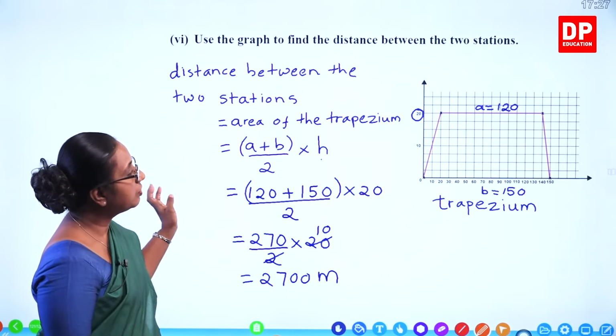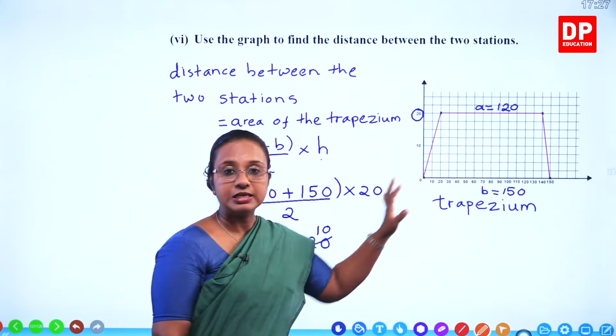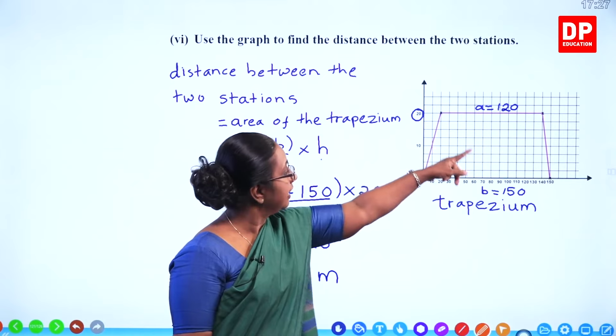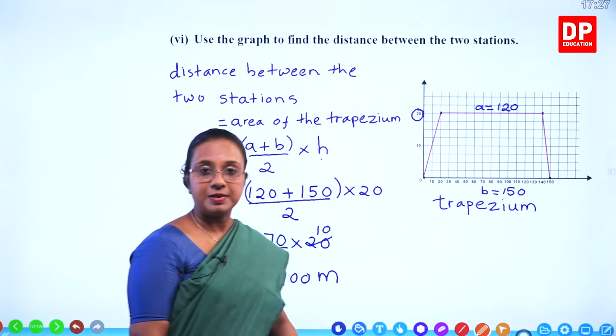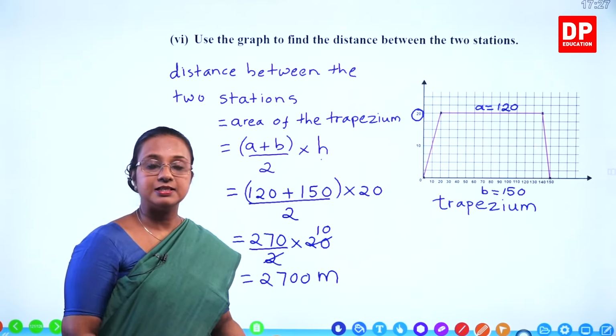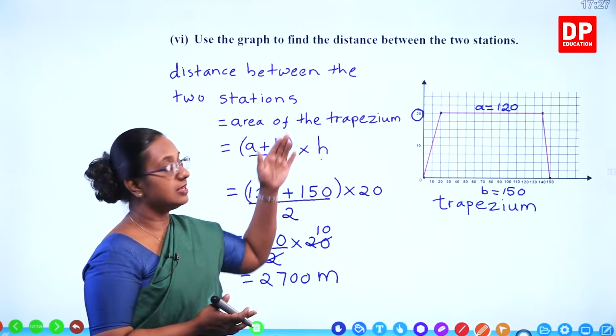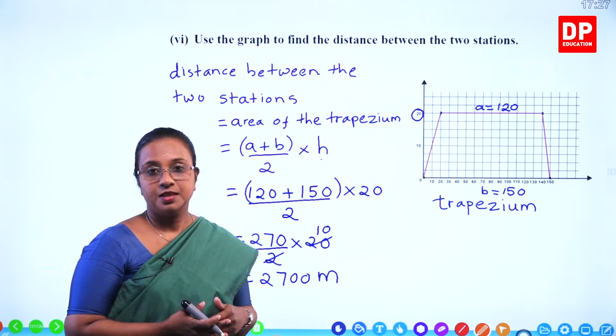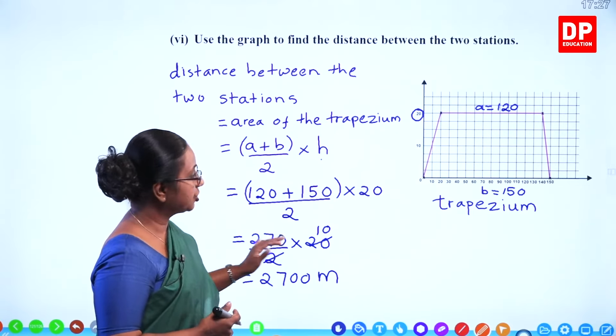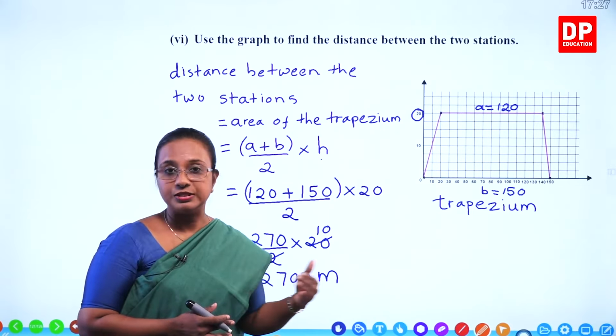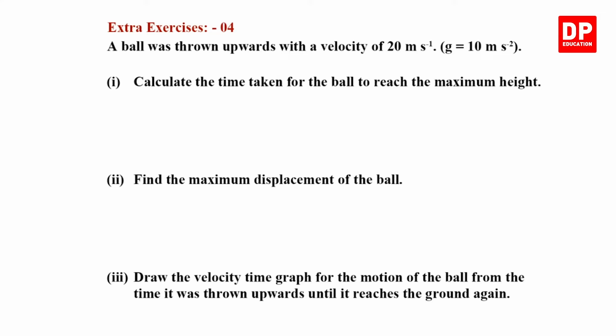So this is how we calculate the total distance. That is the area of the trapezium when we consider the full motion of an object. Here it is a train. With this question is over. We will go on to the next question.